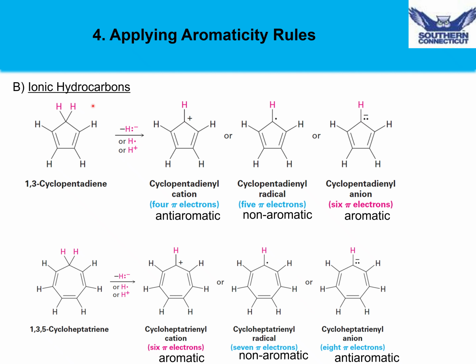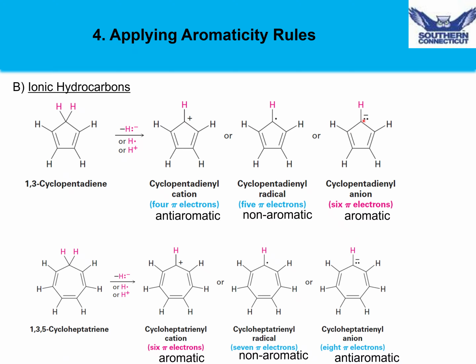However, if we add a base, we could remove one of these hydrogens, theoretically, to create this anion shown here. That lone pair would allow this compound to now be aromatic, since we already have 4 pi electrons from the 2 double bonds that we have here. And so if we can somehow get another 2 pi electrons, we can make this ring aromatic.